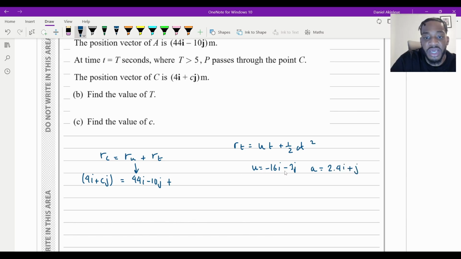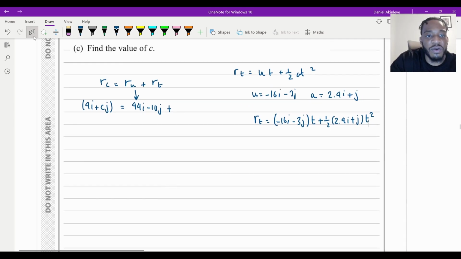So therefore RT will just be equal to ut, so minus 16i minus 3j, t, plus 1/2, and then 2.4i plus j, and then t squared. So now we can just plug this in here. Just so there's a bit of room, I'm going to move this down a tiny bit, and then we'll continue.